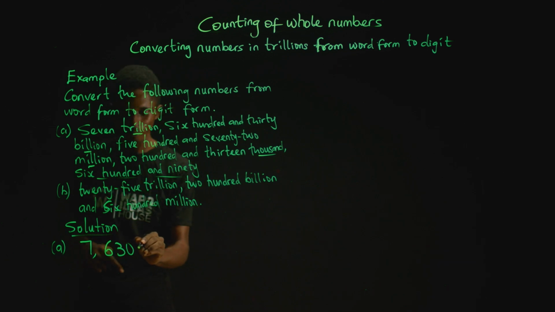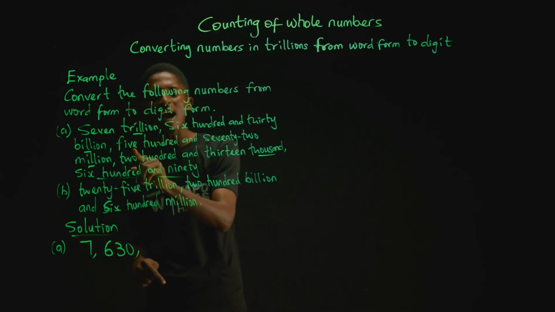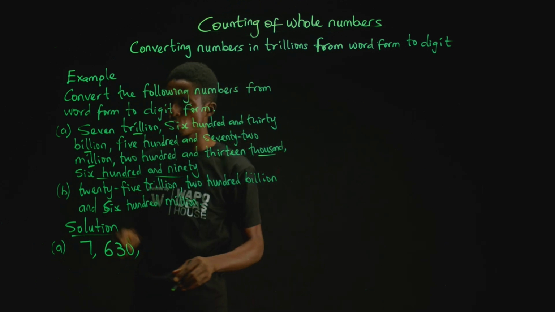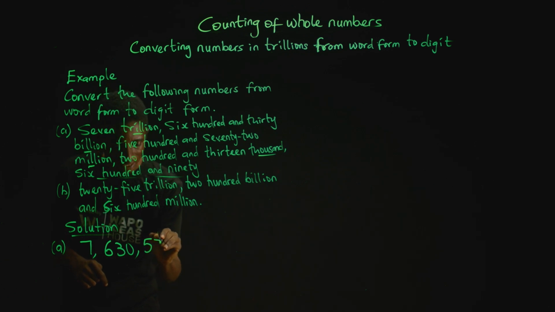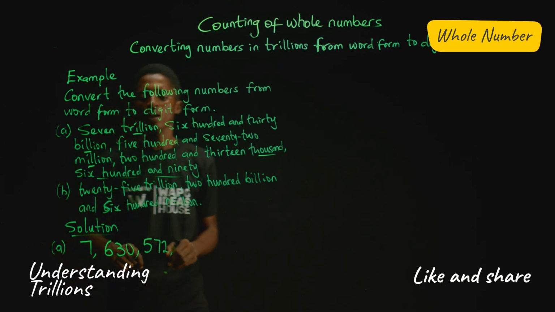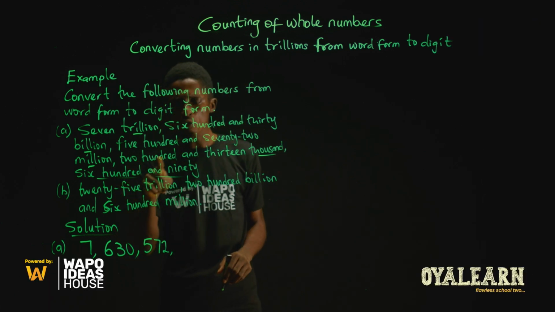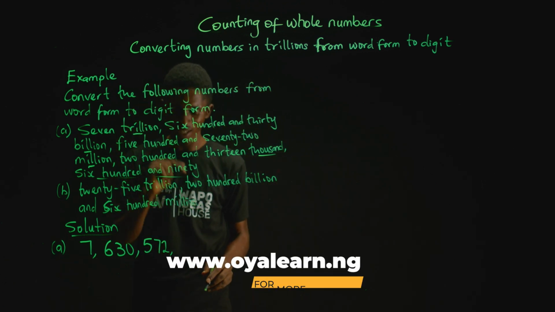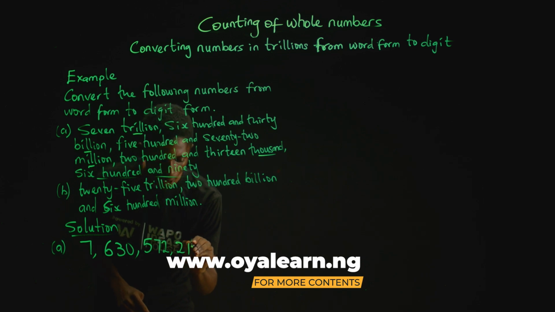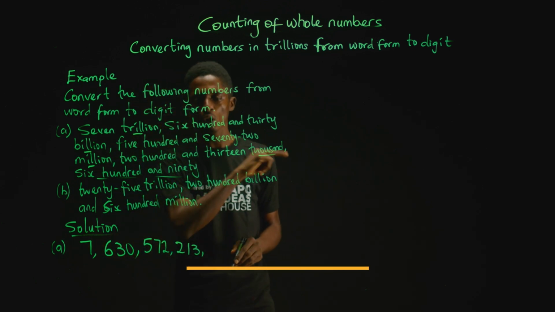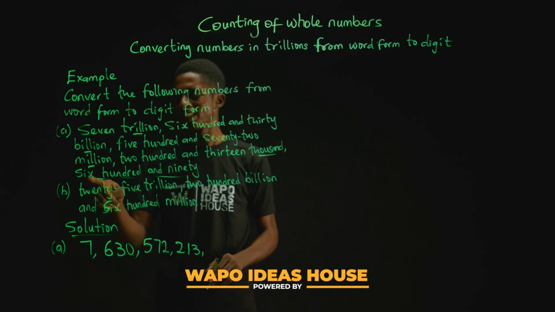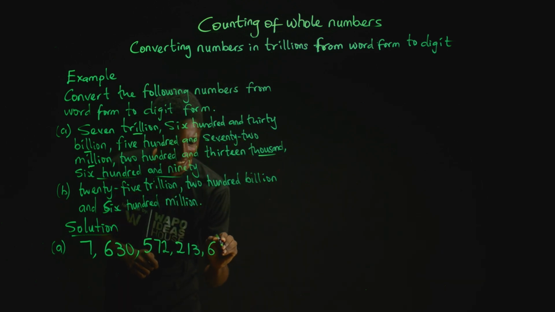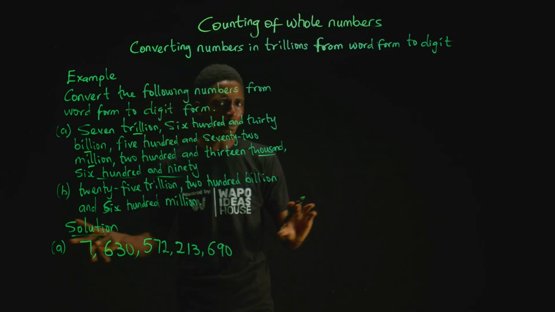630 billion, followed by 572 million, which is 572. Then after this, we have 213,000, 213. That is 213,000, and then it ends in 690. You see how we've done that?